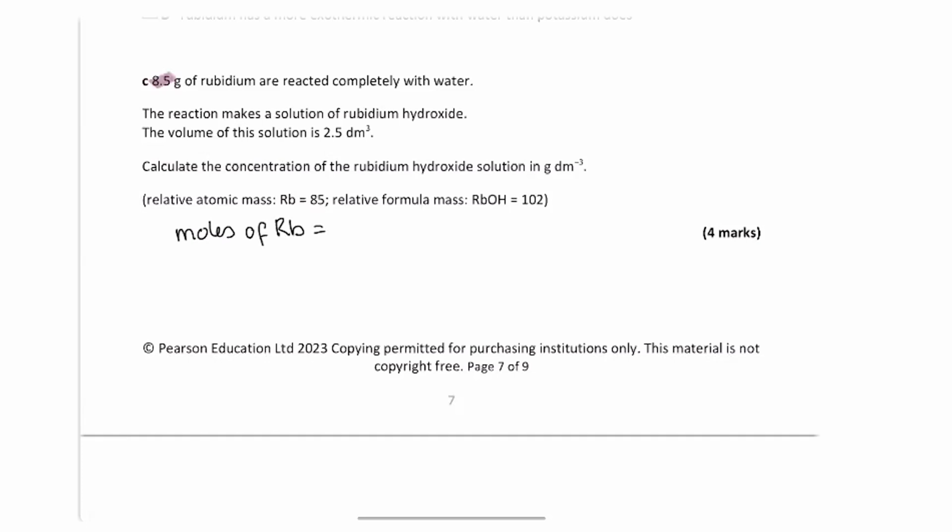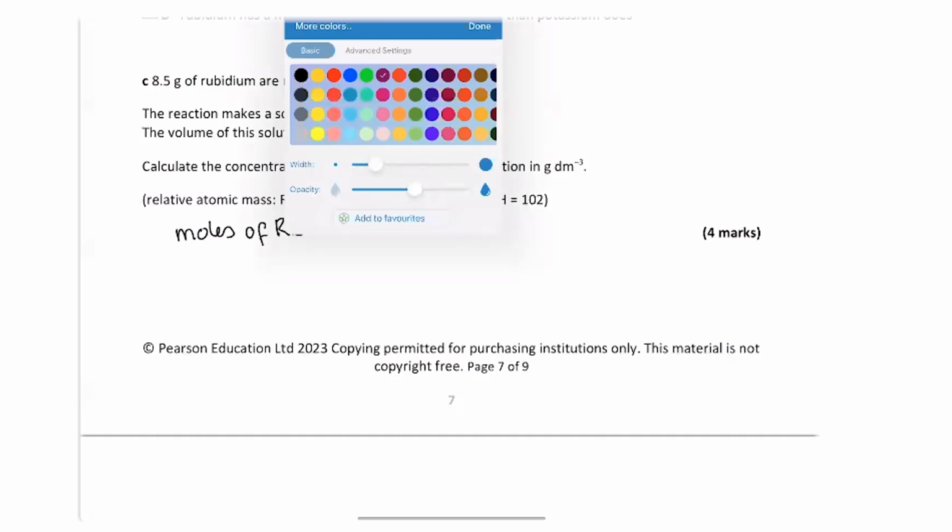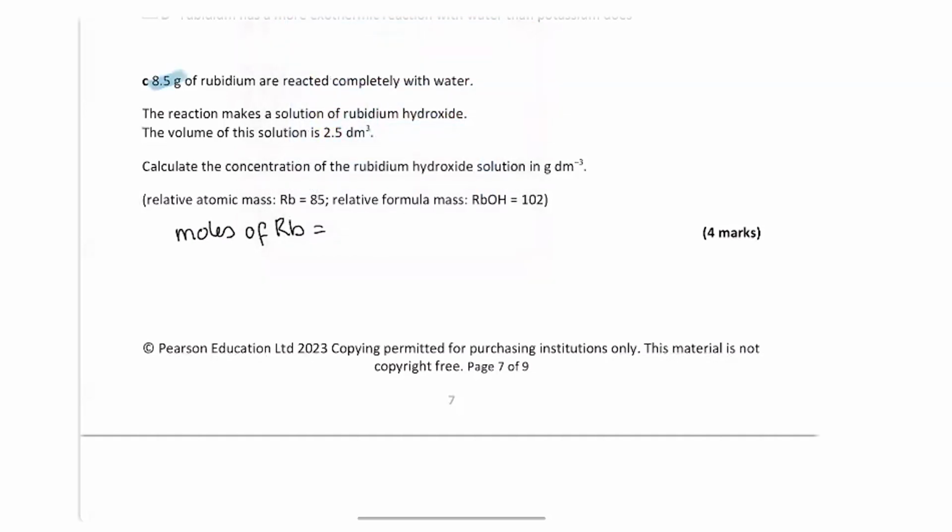I'm just going to change my color for that because that's a bit dark. So our mass and then our MR. So what we need to do is 8.5, and then we need to divide that by our MR, 85, and that is going to give us 0.1 moles. Great, we've already got our first mark.